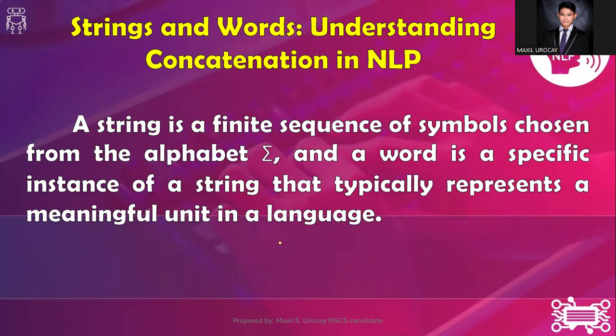So a string is a finite sequence of symbols chosen from the alphabet, and a word is a specific instance of a string that typically represents a meaningful unit in a language. It's what we had earlier. We were able to build A and E D in our states.